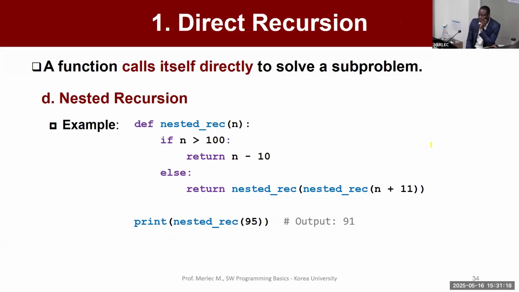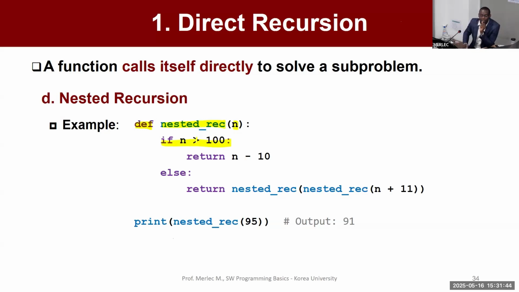So here's an example of the nested recursion, where the function is defined with the keyword def, and then we have nested rec, the name of the function, that will receive an argument n, which is defined as a formal parameter, and then we check whether the base case condition is satisfied.